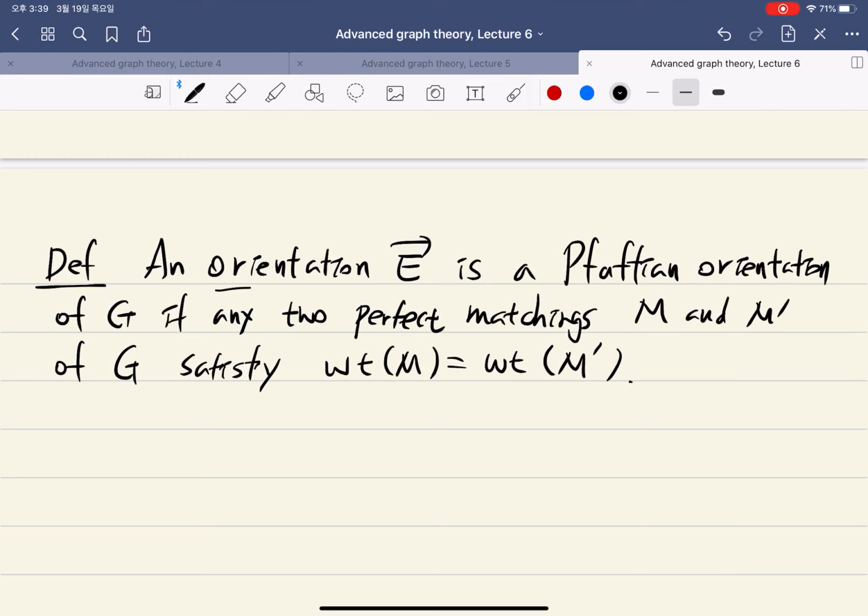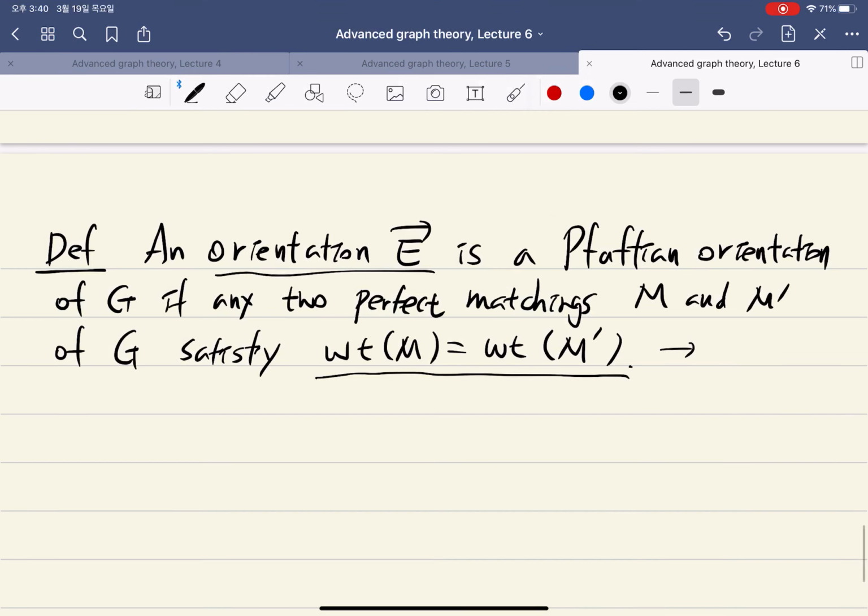So this orientation gives you a skew-symmetric adjacency matrix. And with respect to that skew-symmetric adjacency matrix, you define this weight, then every perfect matching has the same weight. If this is the same weight, this is either all 1 or all negative 1. So up to sign, you can compute the number of perfect matchings.